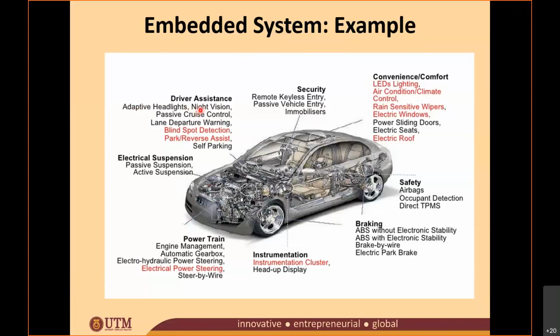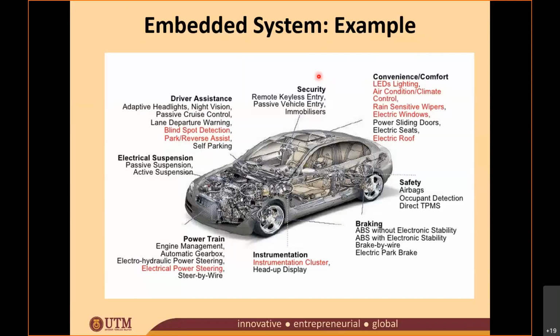Then you have night vision, and then self parking. This is the new technology, in which you can do self parking. Blind spot detection: you can see in the side mirror the blind spot detection by looking at the LED lamp on the side mirror.